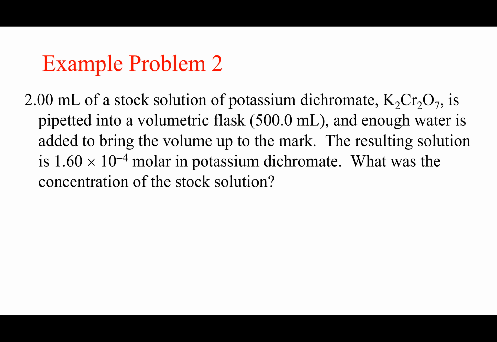Then once I get moles, it's like reverse engineering. Those moles all came from this cute little aliquot. So the last step, 2, is simply to take those moles and divide it by my transfer volume. I'll put moles of K2Cr2O7 divided by 2.00 milliliters.